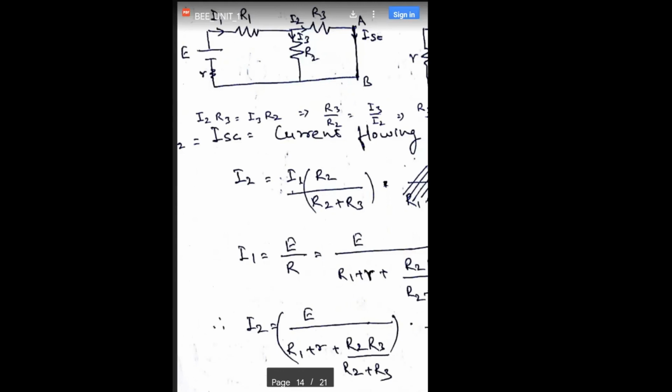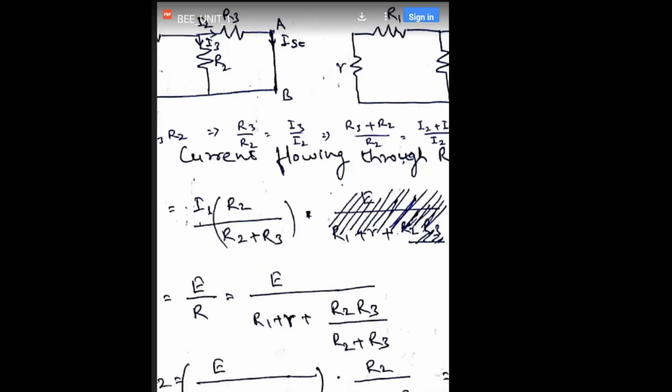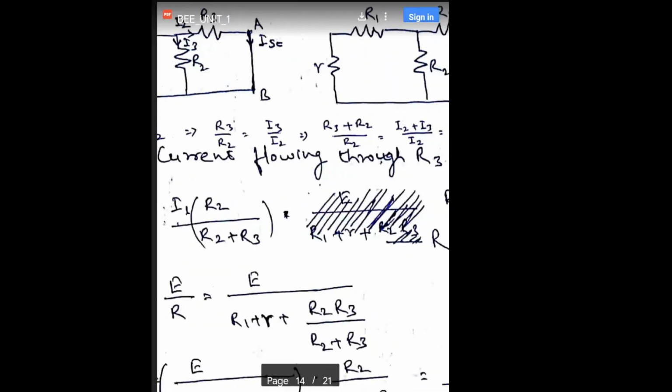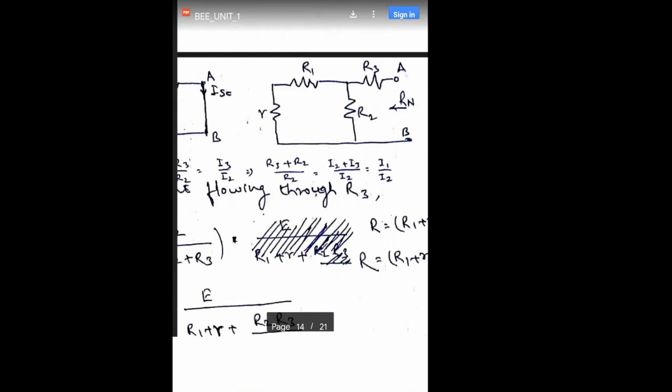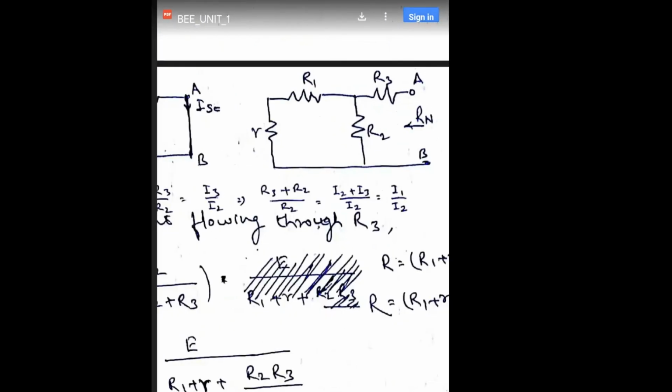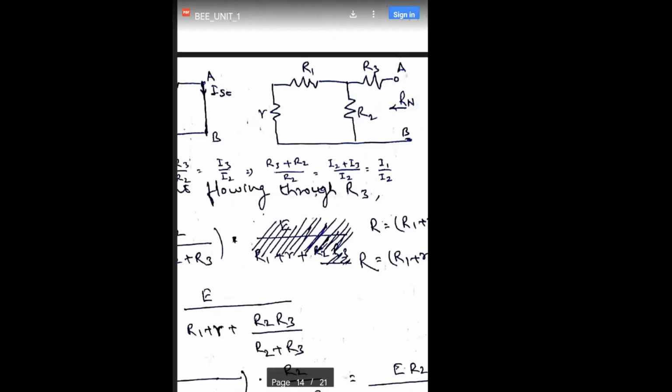Okay, so I2 R3 is equal to I3 R2, so R3 upon R2 becomes I3 upon I2, and if we add +1 to both the sides, we can get the result that I1 upon I2 is equal to R3 plus R2 upon R2.